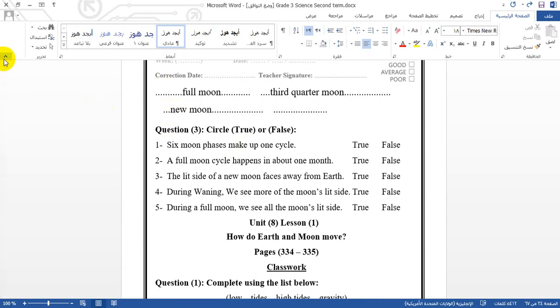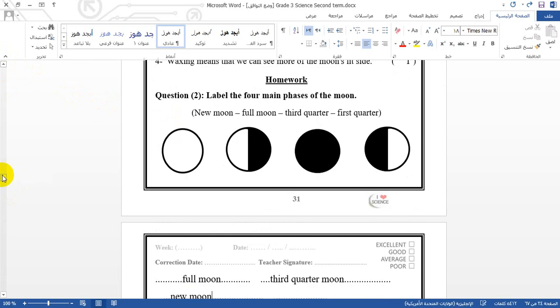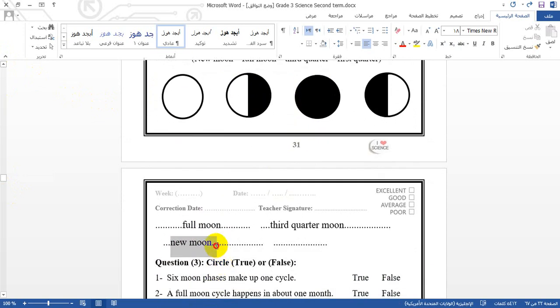Which one? This one. Okay, this one is the new moon. Okay guys, we have to write it here: a new moon.